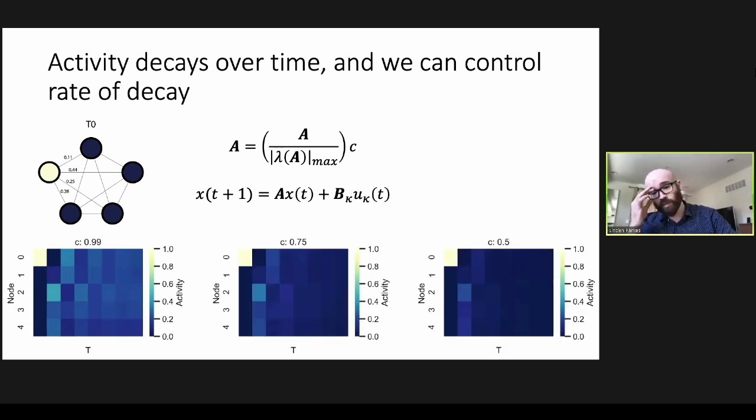On the other hand, and more importantly, if we set c to less than 0.99, we basically force the activity to decay much more rapidly, which is what I'm showing here in these two simulations. For example, on the right, when c is equal to 0.5, we see that the activity only spreads around for a couple of time points before pretty much going to 0.